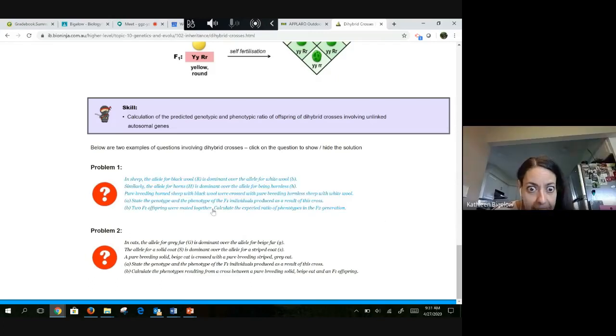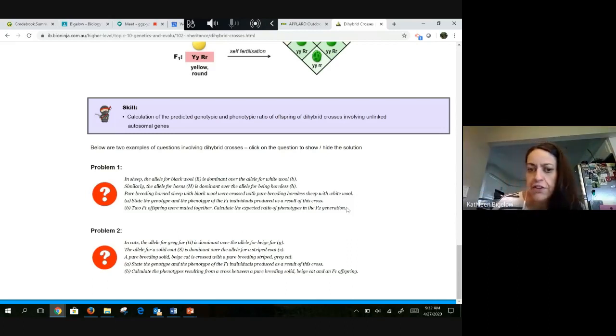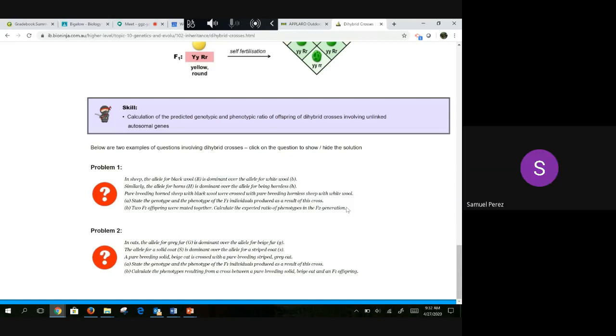Good. Okay, state the genotype and the phenotype of the F1 individuals. So genotype is their letters, phenotype is how they look. Let's do this cross. I'll give you guys like 2 minutes to do the cross and figure this out. Wait, so it's not a Punnett square, right?